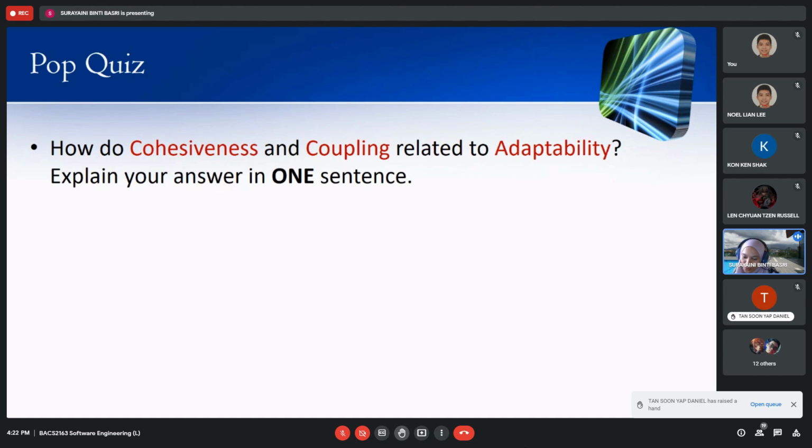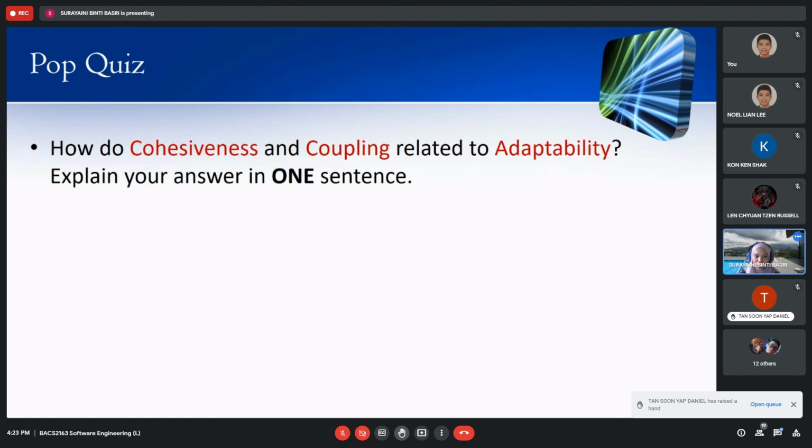I give you about one minute. I give you until 4:24. How are cohesiveness and coupling related to adaptability? Just use one answer, one sentence. Okay, so I already have an answer from Wong.